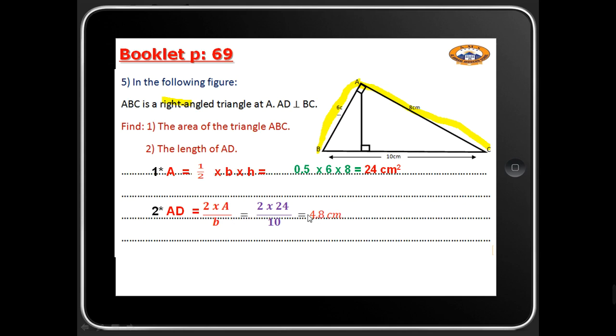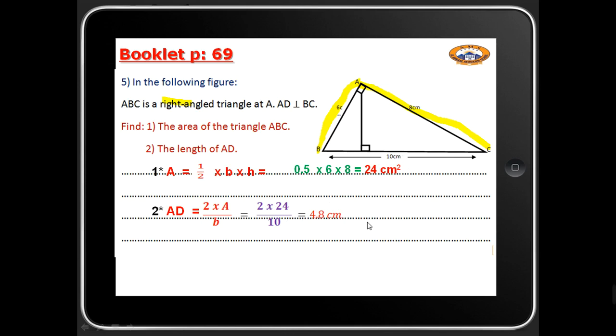If you try it, it's going to give you the same answer, so you can use any one of them. So again, the height of the triangle equals 2 times A over B. The area we calculated in step number 1 was 24. So 2 times 24 divided by 10, which is the length of this base. So the answer is going to be 4.8 centimeters.